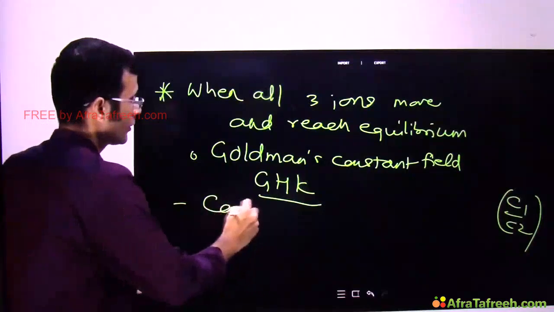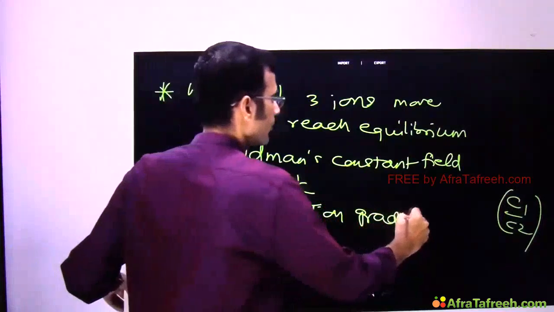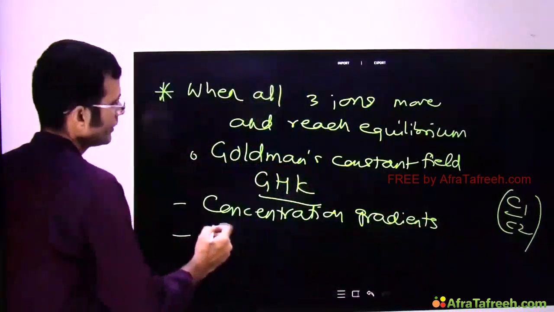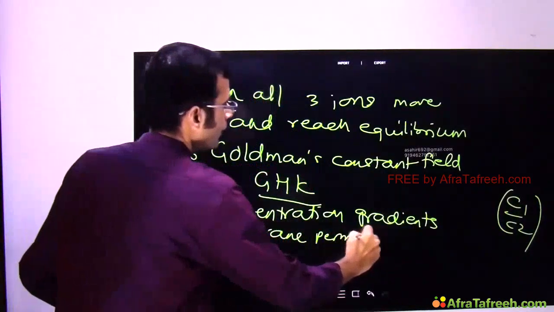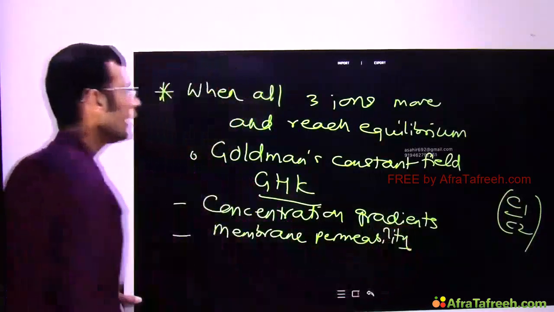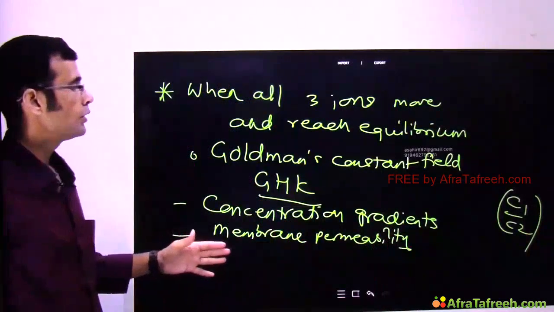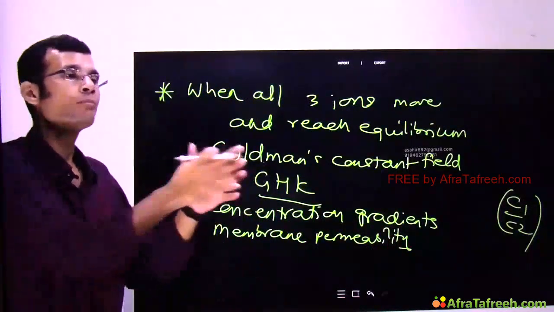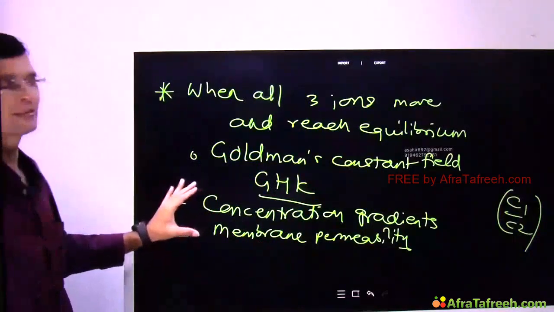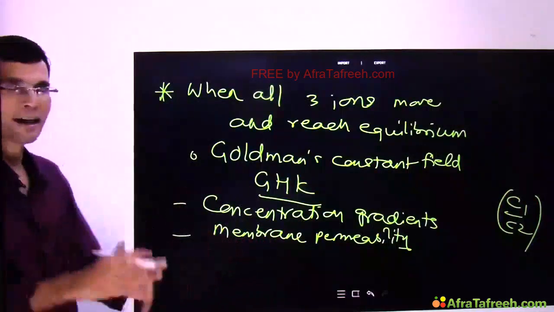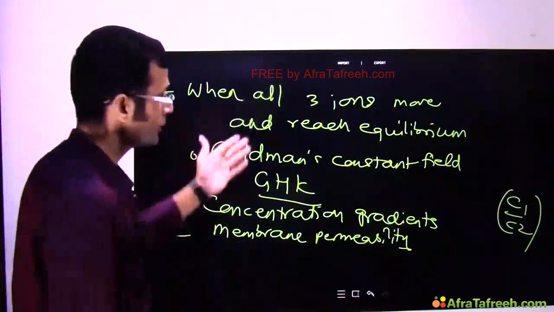One is concentration gradients of those ions, and second is relative membrane permeability. Because three ions are moving and the membrane would be more permeable to some and less permeable to others, one ion will move much more as compared to the other depending on membrane permeability. These two factors will decide how much these ions are moving in relation to each other. I mean, some ion is moving more, some is less.